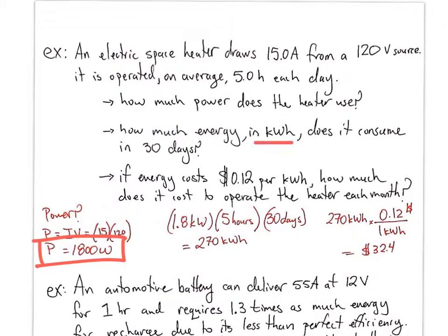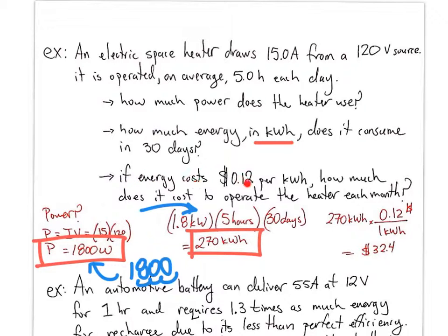How much energy in kilowatt hours? And let's see, where did I get this number? The 1.8 kilowatts came from this 1800. So we go whoop, whoop, whoop, and that's 1.8 kilowatts. And 5 hours each day for 30 days, so this would be over the course of a month.